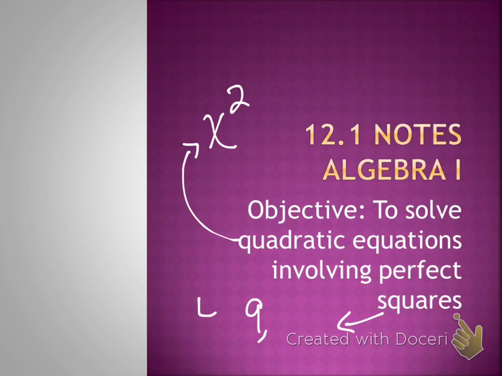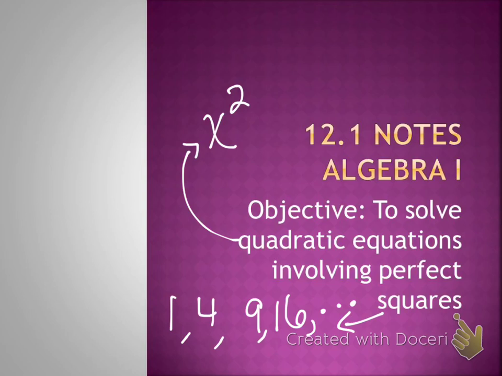Four is one of them. 16. What's the smallest one? 1. Okay, so we have to be able to recognize our perfect square numbers. That'll still be helpful today. So remember 1 times 1, 2 times 2, 3 times 3, 4 times 4. It's going to be very helpful if we can recognize those today.